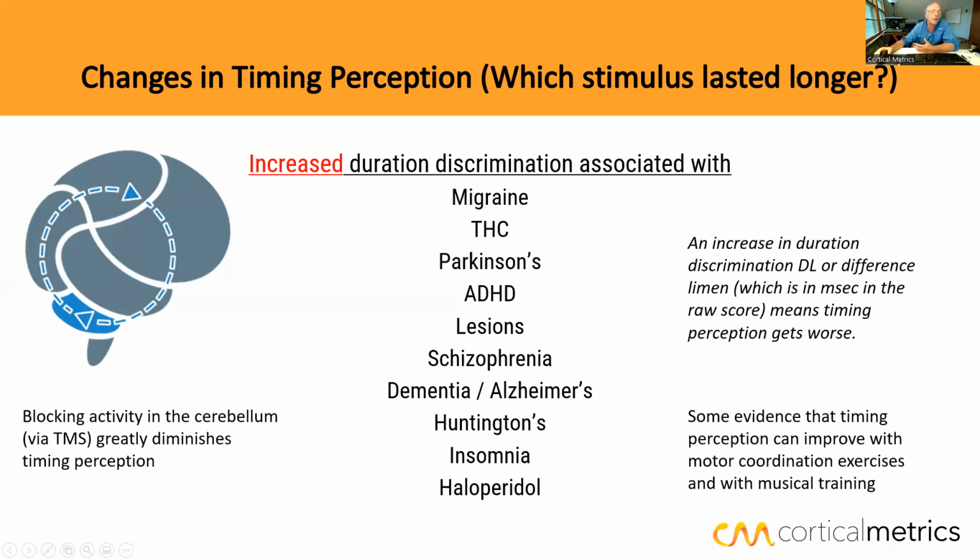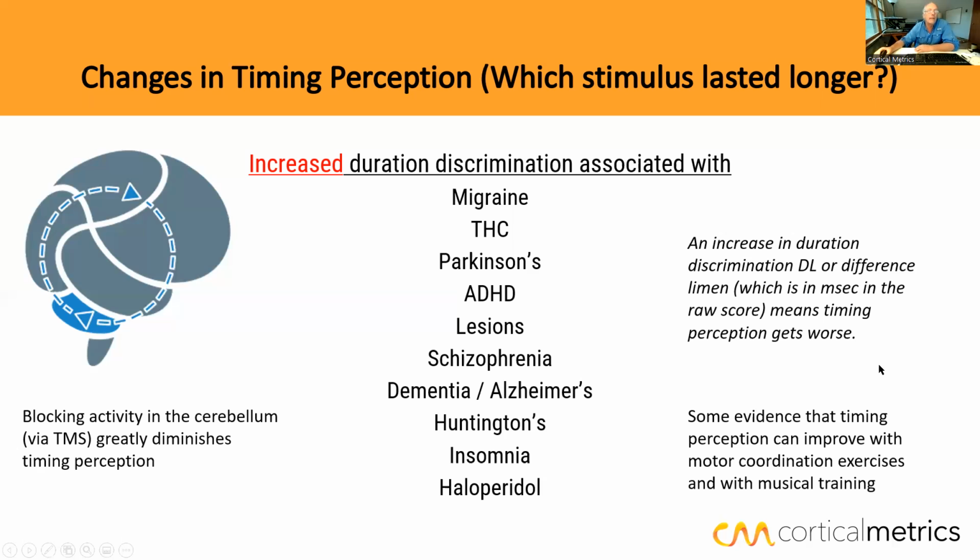And alcohol, obviously, if you drink enough, would impact it. Again, these lists that I show are limited to the publications we found when we were looking at this, and there are probably more since then. But timing perception can get impacted in a lot of ways.